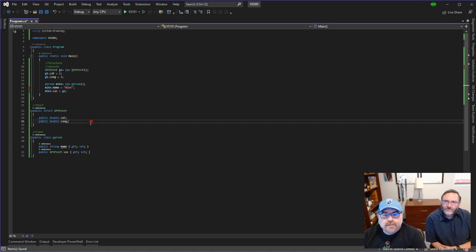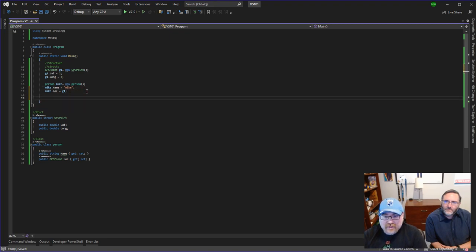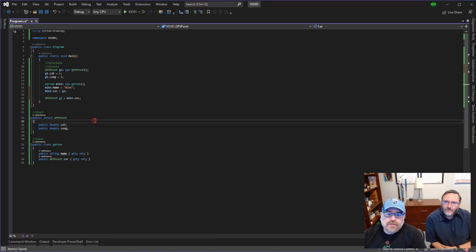So going a little bit in depth, if I want to do GPS point G2 equals Mike's location, is this G1 the same as G2?